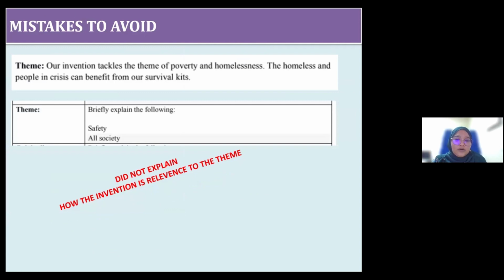One of the groups did not explain how the invention is relevant to the theme. Yes, they were able to identify their SDG, but there's no elaboration or justification why you chose that SDG and how it relates to your objectives. Okay, so those are a few mistakes that you should avoid in preparing your proposal.